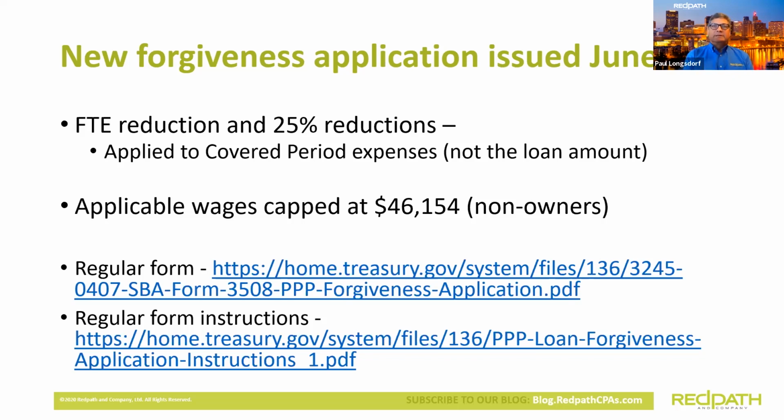So obviously significant increase there, and should help a lot in terms of gathering the expenses to cover what your loan amount was, which was based on your payroll for a 2.5-month period in 2019.